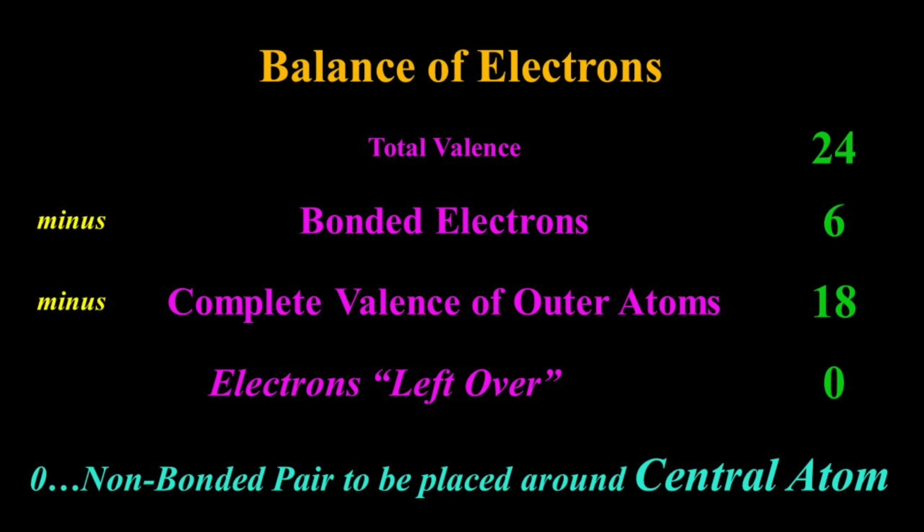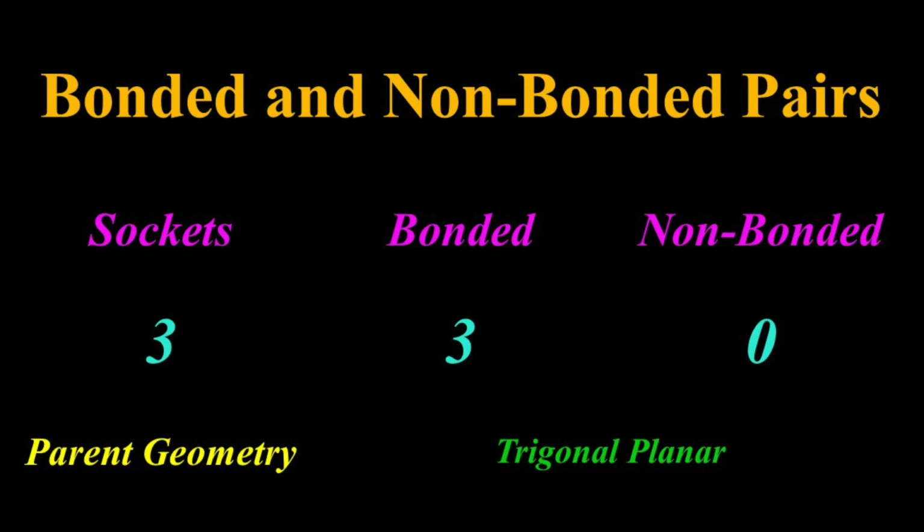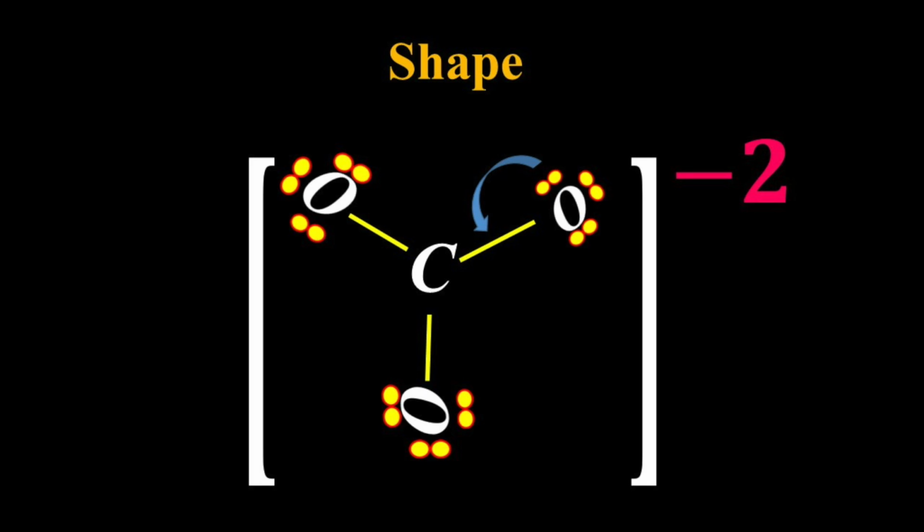So we have 0 non-bonded pairs to be placed around the central atom, and that will give 3 sockets, 3 bonded, 0 non-bonded. Parent geometry is trigonal planar, and by goodness, it's got to be manipulated a little bit because carbon only has 6 electrons.